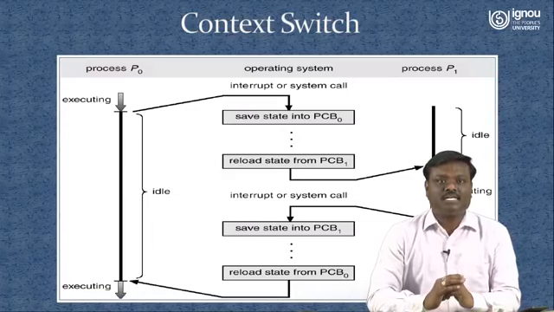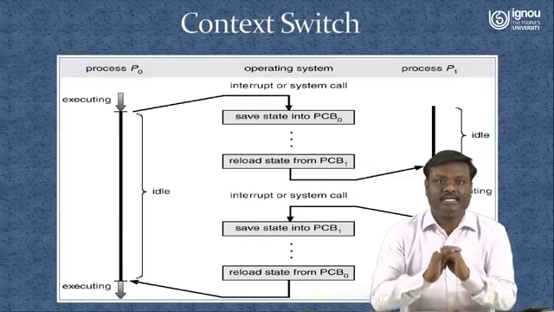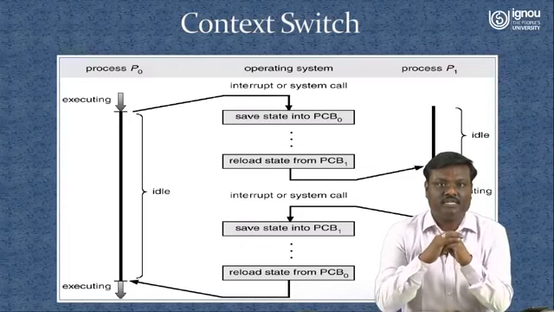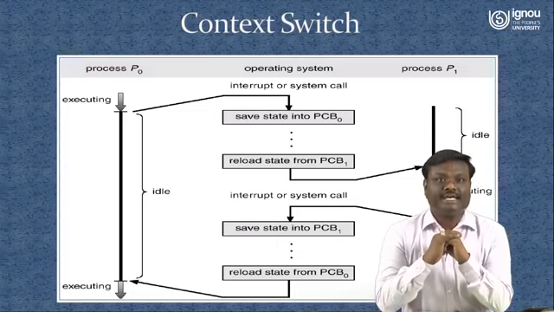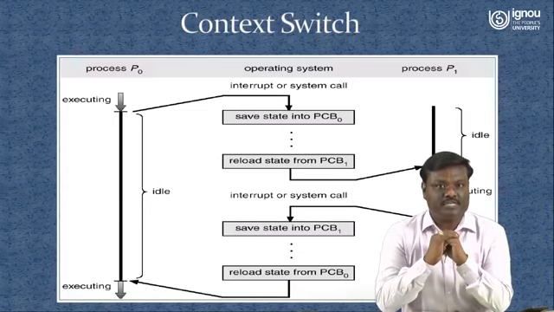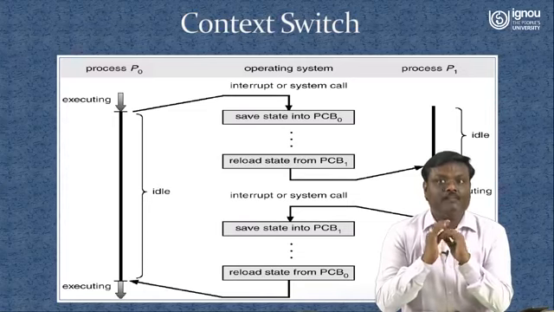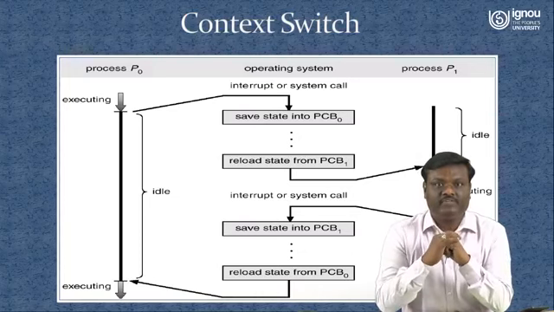So P0 starts executing. Meanwhile there is an event to happen. So there is a kind of switch mechanism wherein the interrupt routine should be executed. So there the P0 suspends its operation. The complete information is stored in PCB0. We are identifying it with a subscript, PCB0.